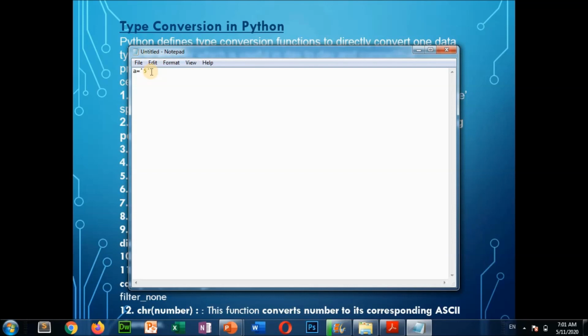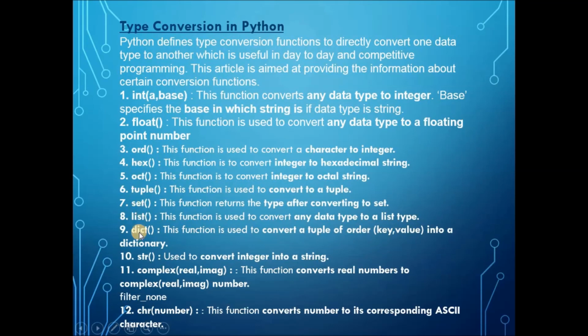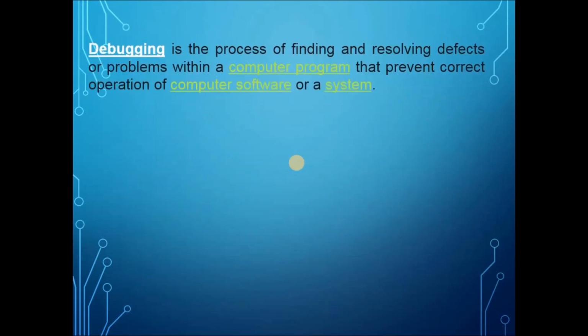Now you want to convert it to integer, so you store b = int(a). This is the conversion, from a string value to an integer. There are other examples about type conversions too; you can see them from this list. When we do this practically, we will automatically understand what to use. These are different type conversion functions.